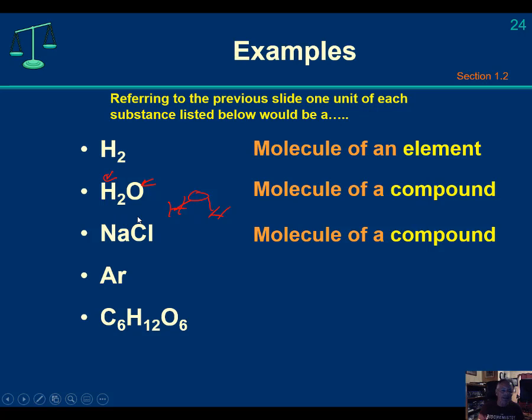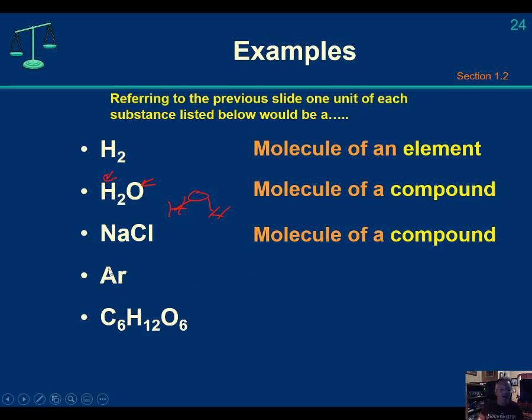This is actually, we're going to learn a little bit later in Chapter 2, an ionic compound, and it's actually a crystal structure. There are no discrete molecules of sodium chloride. There are big ordered arrays of ions in this ionic compound. For the time being, molecule of a compound will be just fine.